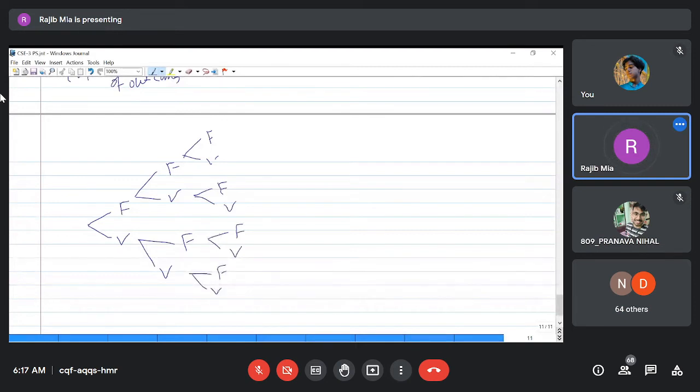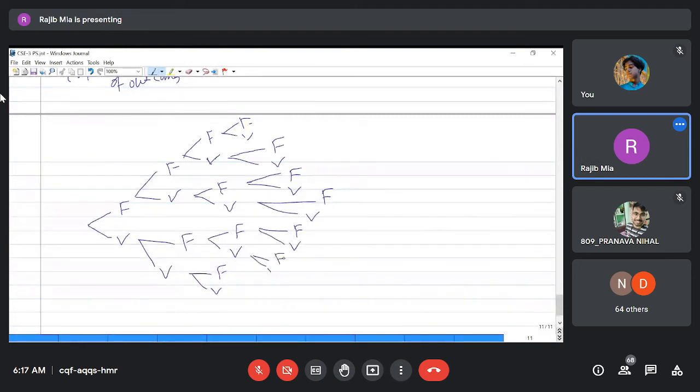So this is the tree diagram. From here you can easily write the total number of outcomes, that is 16.